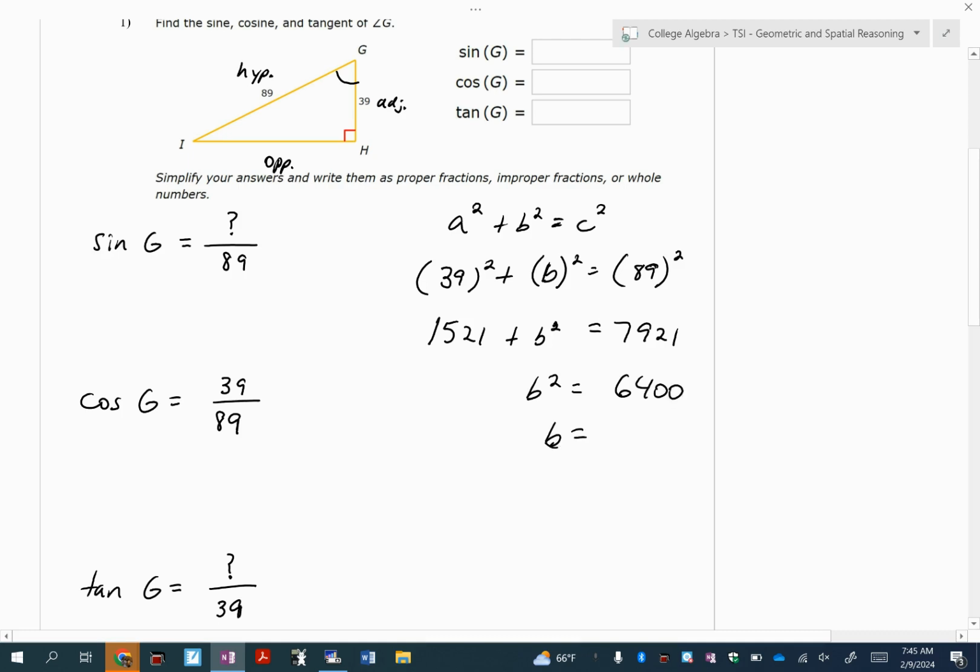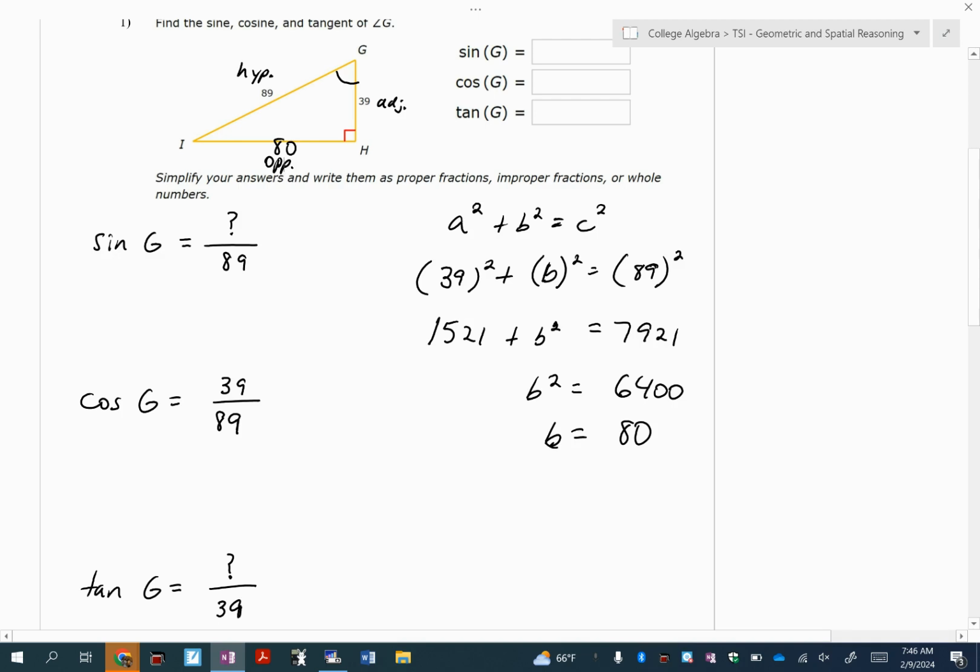How do I find that letter B? The square root. Nice, the square root of 6,400 is 80. So this side length B, I'm going to replace on my original diagram where it says opposite. So I'm going to put here is 80.